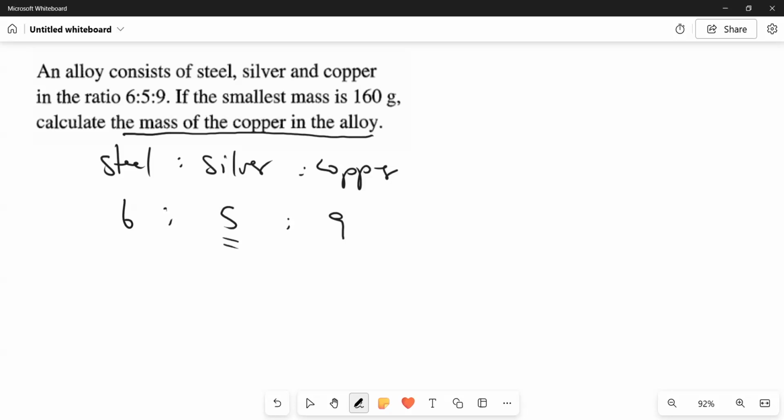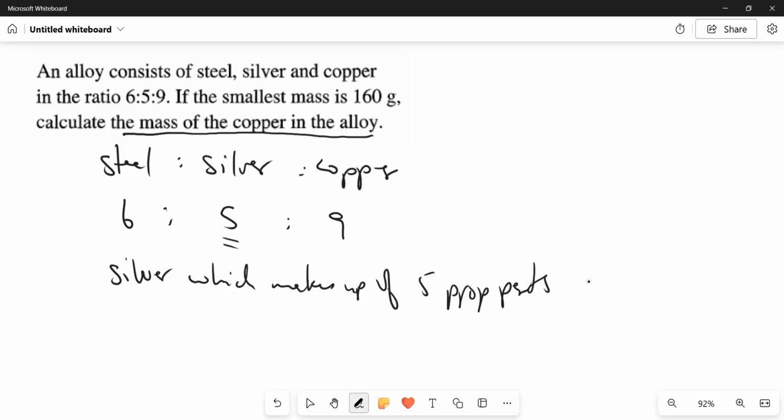It's silver, which makes up 5 proportional parts equal to 160 grams.